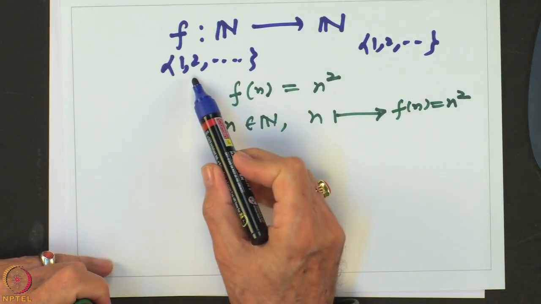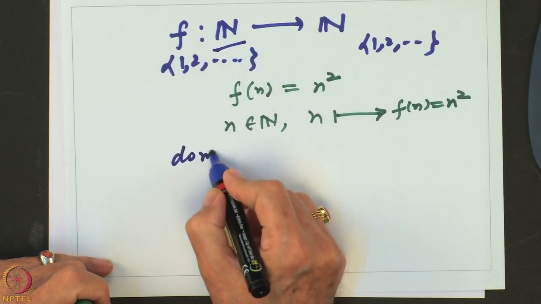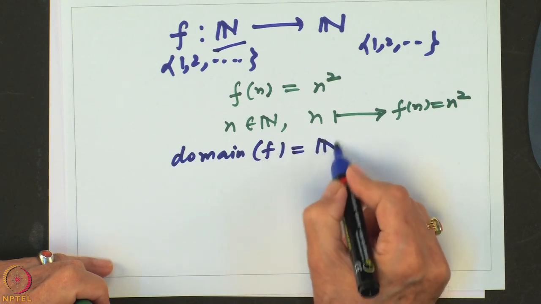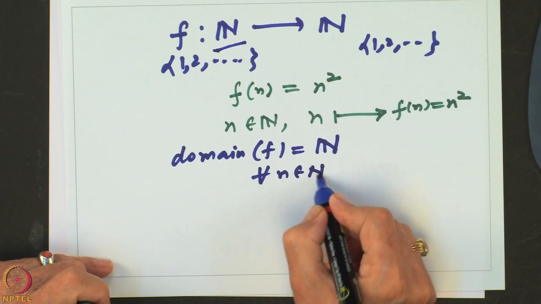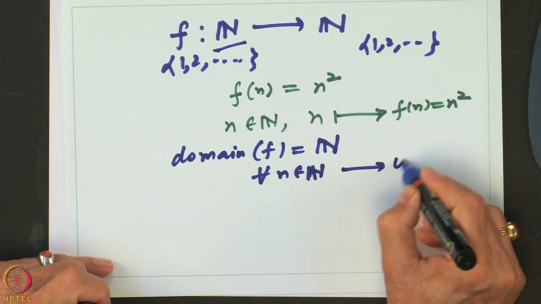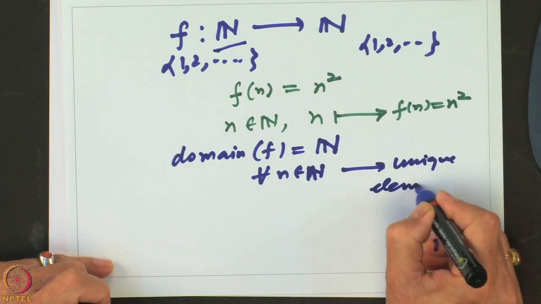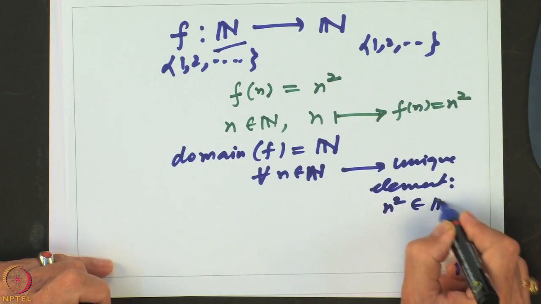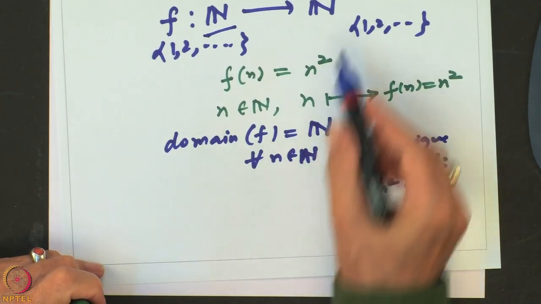Clearly the domain of f is N, and every point n in the domain goes to some unique element, and that element is n square belonging to N. So, this is the function, its domain is N, codomain is N.